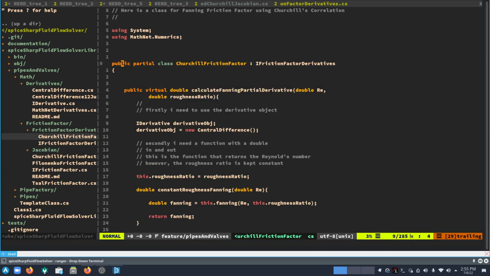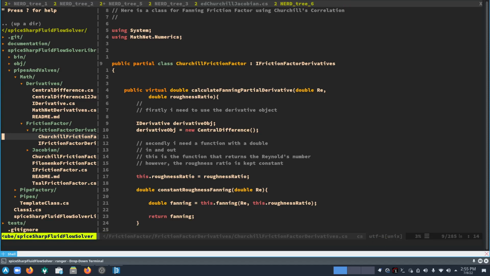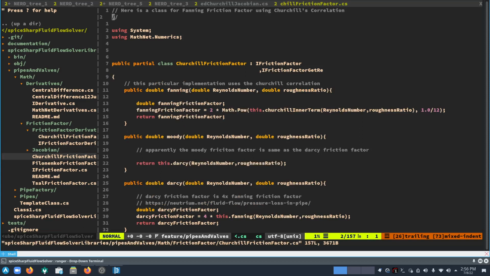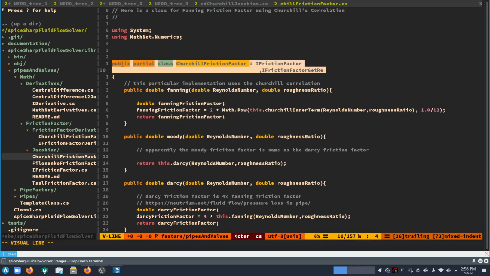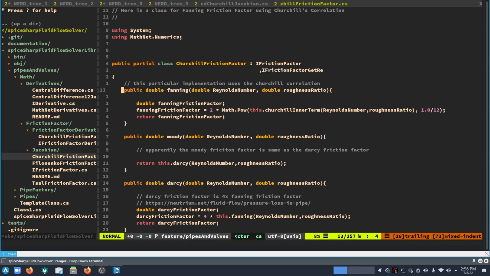I make this a partial class here because I wanted to add different functions into this Churchill friction factor class, so that when I split it up, it becomes somewhat more organized. But there's a reason I put the rest of the functions under here in the Churchill friction factor partial derivative class.